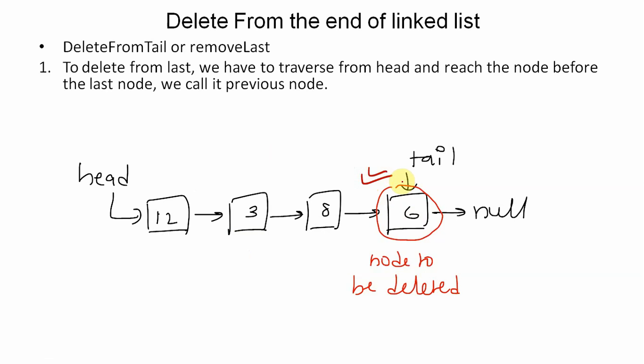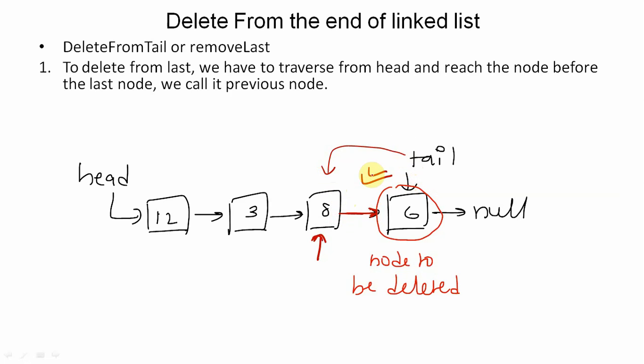Moving forward, deleting a given node containing the given element. If I want to delete a node which contains element 6, what I have to delete is this particular node. How are we going to delete? By getting the reference of the previous node.